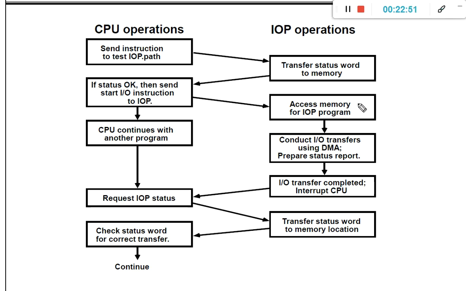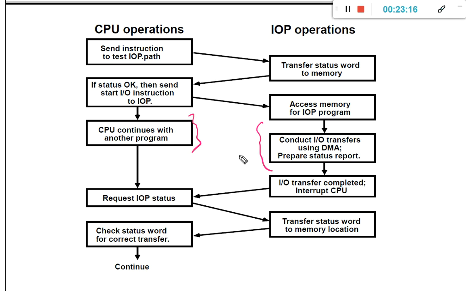Once memory is accessed, conduct the I/O transfers using the DMA, prepare the status report, and perform the I/O operations with the input-output processor without the intervention of the CPU. During this time period, the CPU continues with another program.